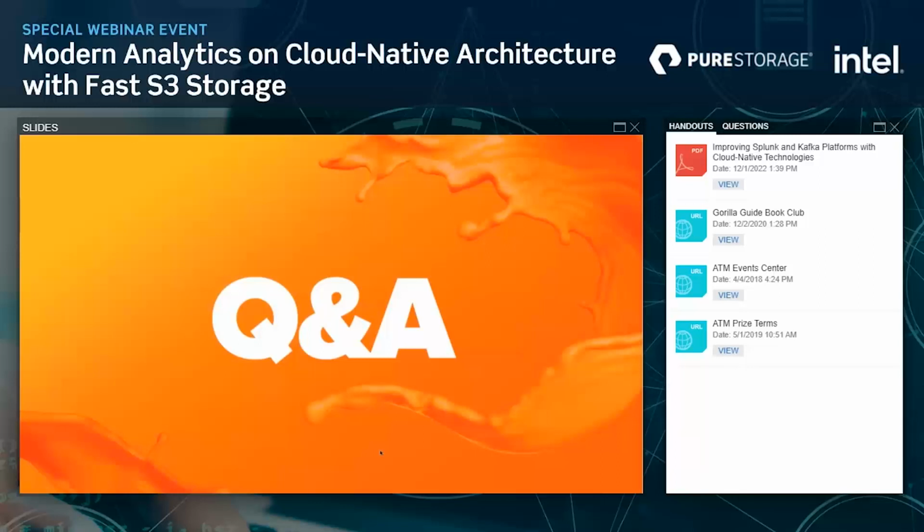Excellent. Okay. Next question for Merritt. Did you test for the failover when a container or a node fails? No, we did not. As you can imagine, Intel has to test lots of applications from lots of vendors. So in this case, we just built it as a standalone production environment.